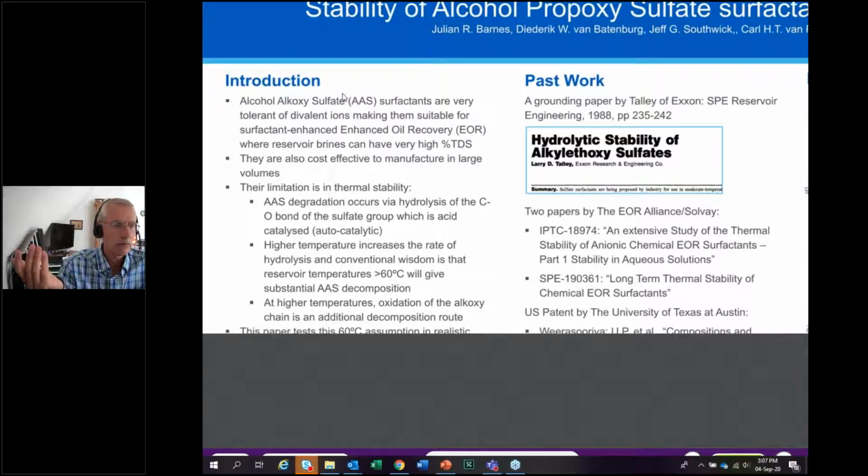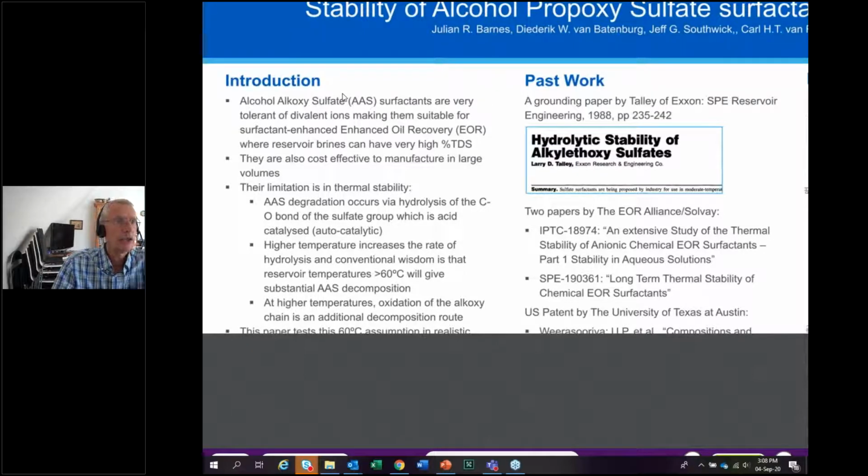You need something which is cost effective, and the volumes required for large enhanced oil recovery projects are very large. And they're more cost effective than, for example, the alcohol-based sulfonate, which is not a straightforward surfactant to manufacture, and the alcohol-based carboxylates. So that's what makes the alcohol propoxy sulfates so attractive.